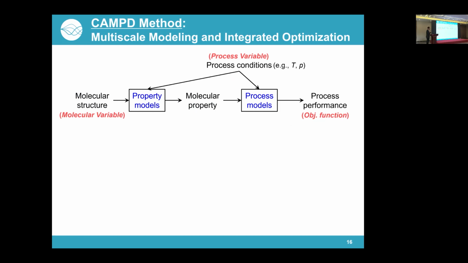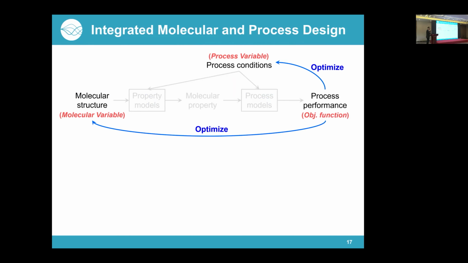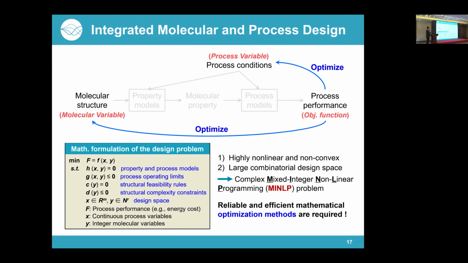You also have to carefully design the temperature or pressure, something like this. So then you can do optimization. You can formulate typically an MINLP program. You can solve it, you get the best molecule, and at the same time, you get the best process conditions. And of course, you have to use a very good MINLP solver.